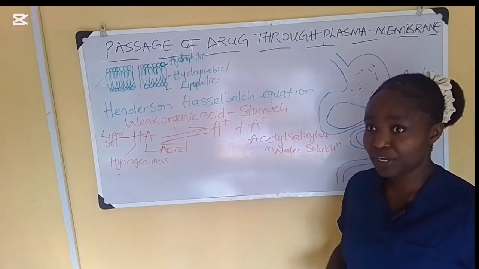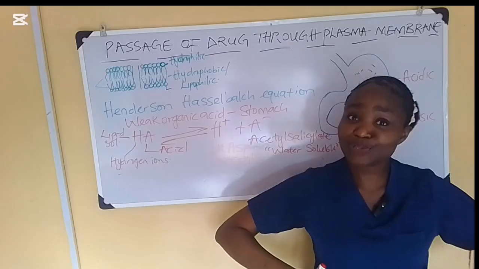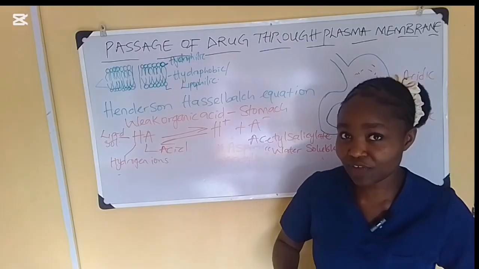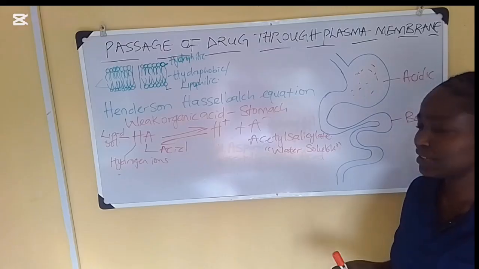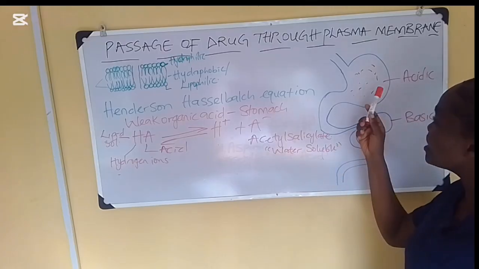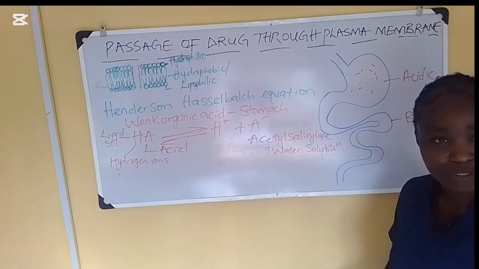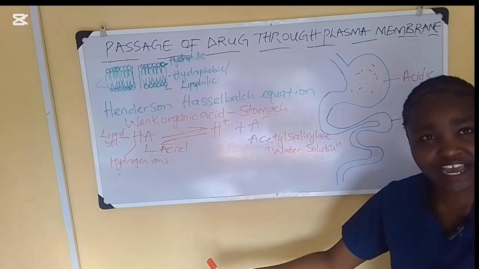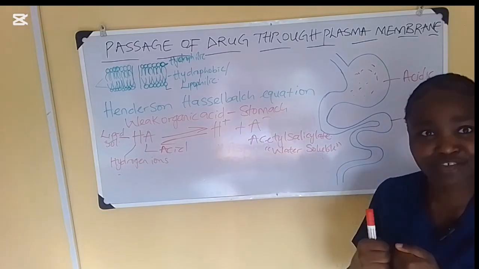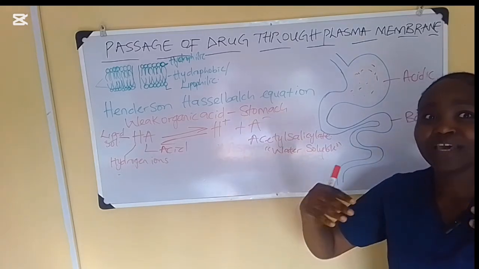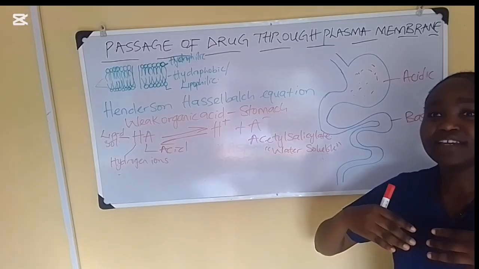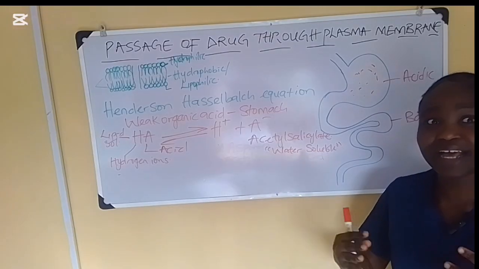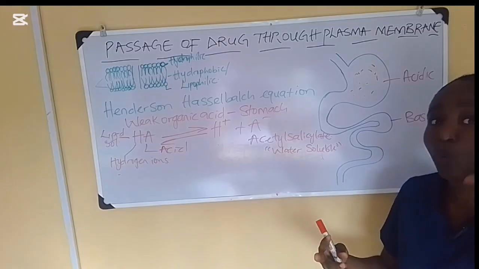Now, if an aspirin is taken, it crosses the stomach first, and we already discussed that the stomach has a lot of acidity. What that means is that if an aspirin is found in the stomach, instead of losing hydrogen ions, it finds more hydrogen ions, because hydrogen ions represent acidity, and an acid gives off hydrogen ions as the only positive ion.